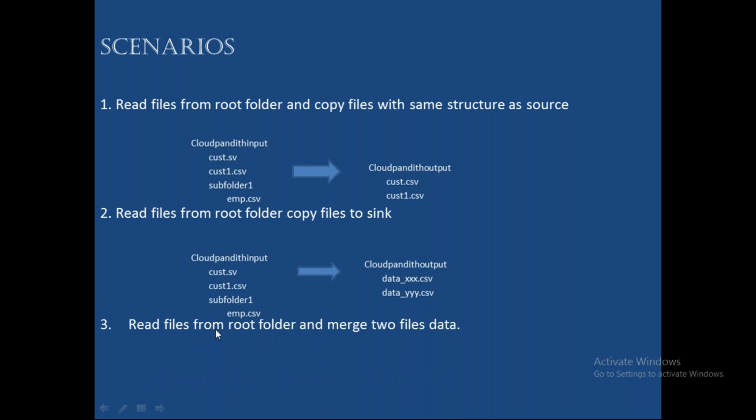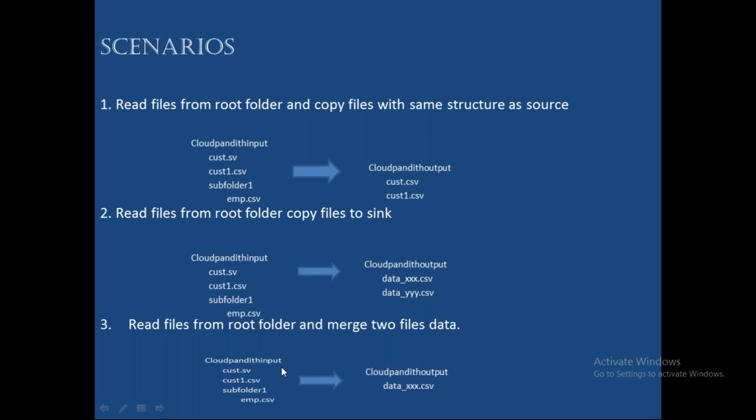Next, read files from root folder and merge the two files' data. Example: now you see cust2.csv and cust1.csv in the root folder, and emp.csv in the subfolder. Out of these three, I want to take only the root folder files, cust2.csv and cust1.csv, and merge them to create a single file, data underscore xx.csv, something like this.